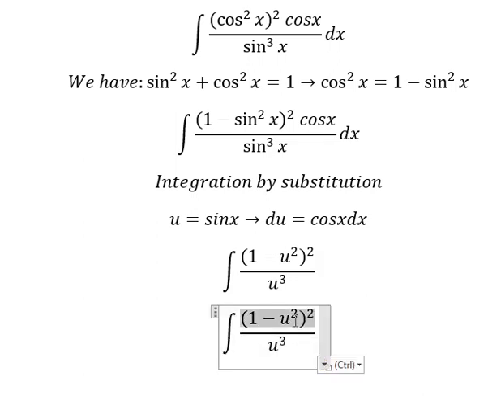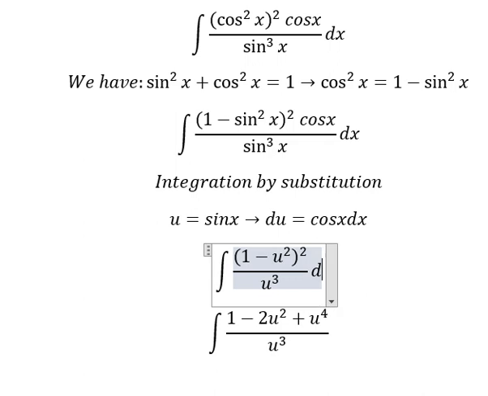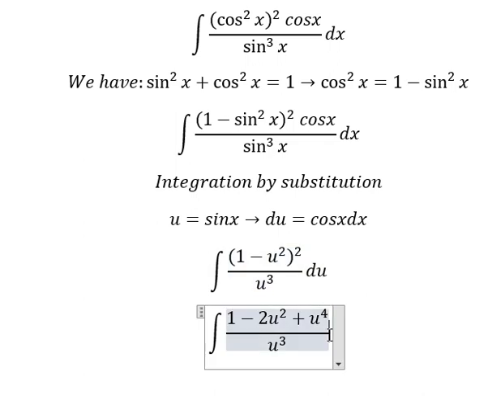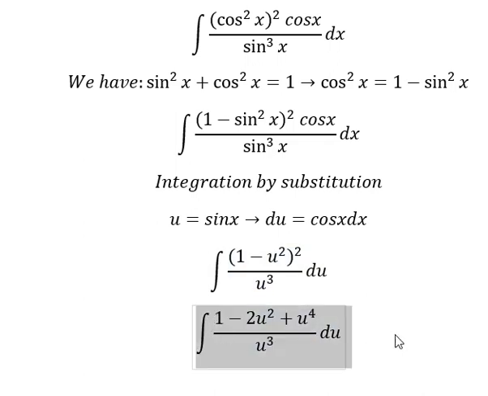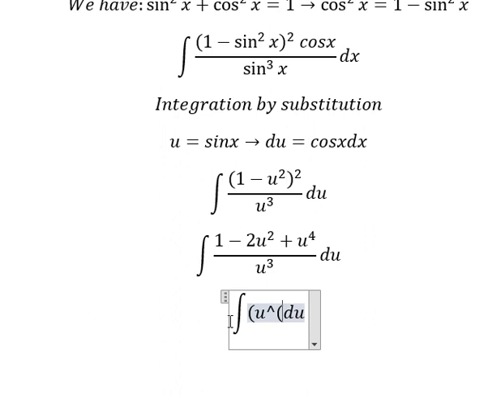And now we need to expand this one. So 1 divided by u to the power of 3, we can put like this. The next one we have number 2 over u.